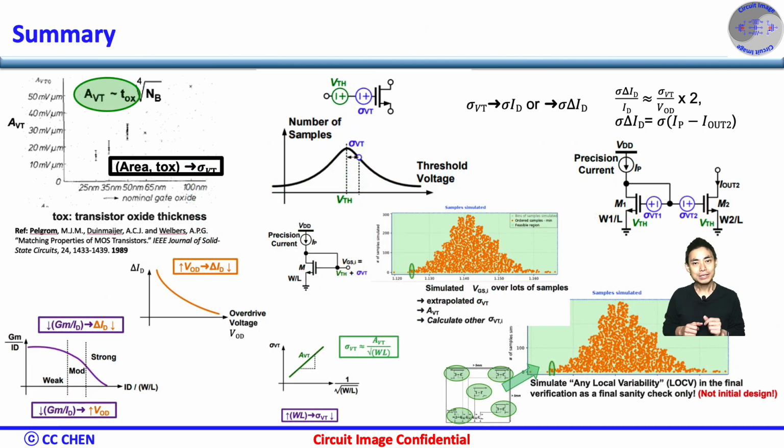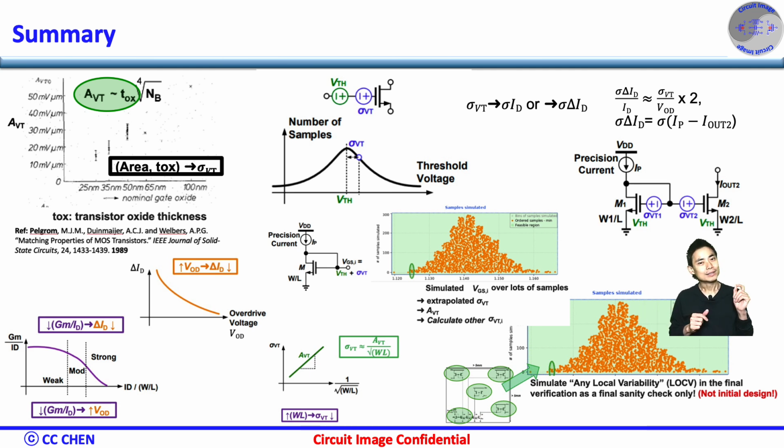Here is a summary of why we need to design algebra blocks for LOCV efficiently. To be involved in the design intuitively, you must have an intuitive model on your own, such that you do not rely on any simulation tool. The first amazing model is from Pergun's observation: transistor oxide thickness determines the AVT and also the variability of the transistor's threshold voltage.